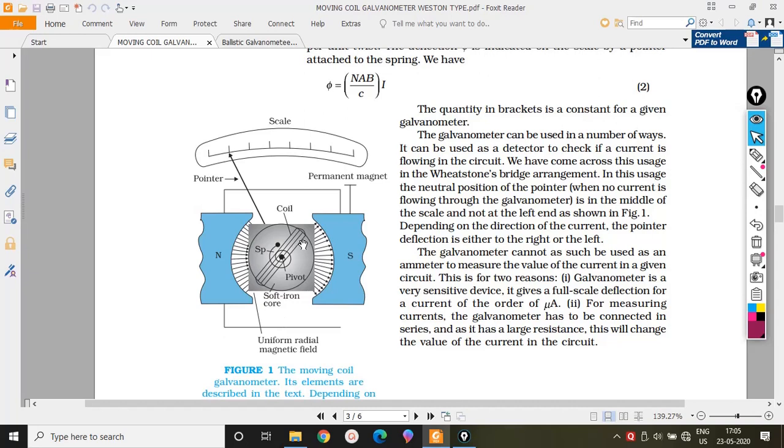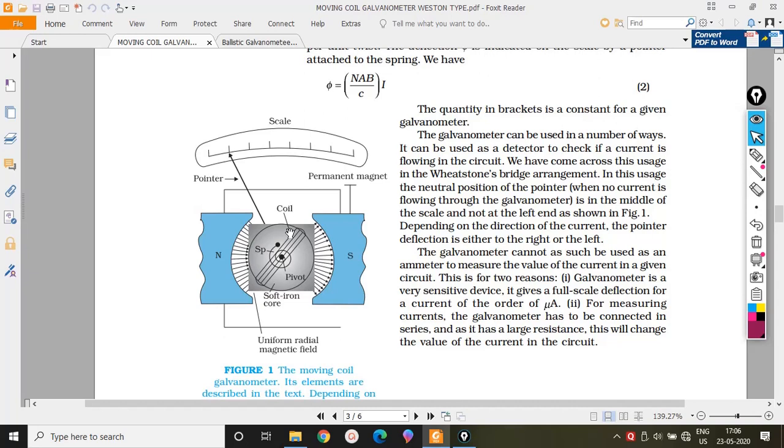Whenever a current is sent through this system, the coil will experience a deflecting torque, but there will be a restoring torque provided by the hairspring as the spring is twisted by the deflecting torque, and that counter torque, which we call the restoring torque, will be exactly balanced after a little while with the deflecting torque, and you will get a steady deflection in the galvanometer system.